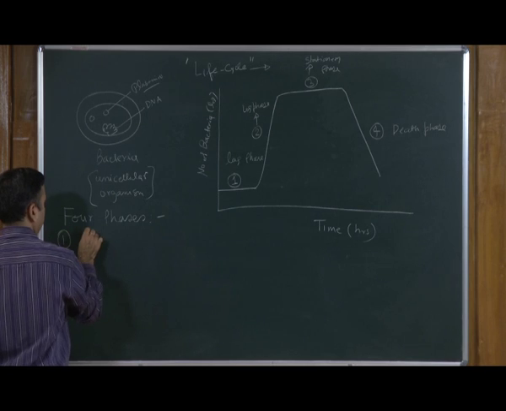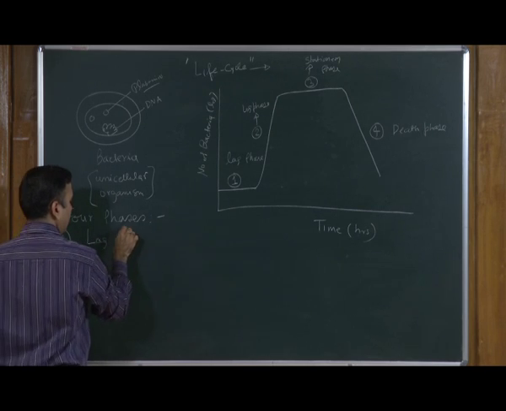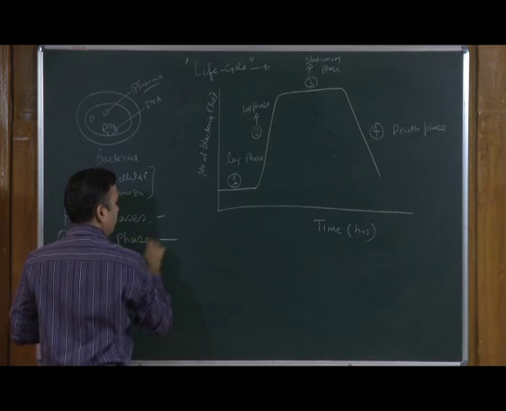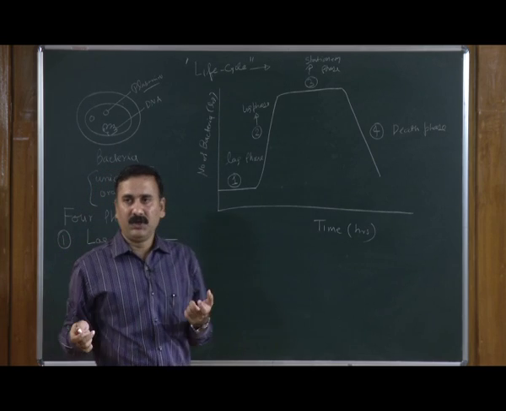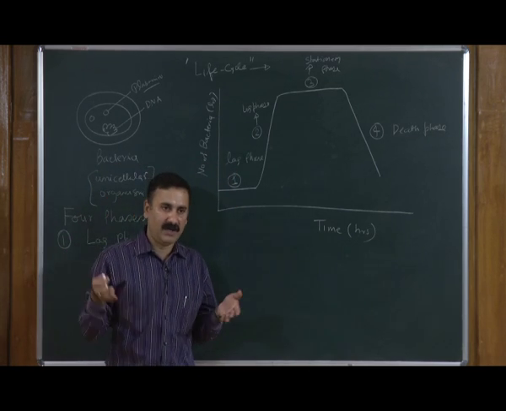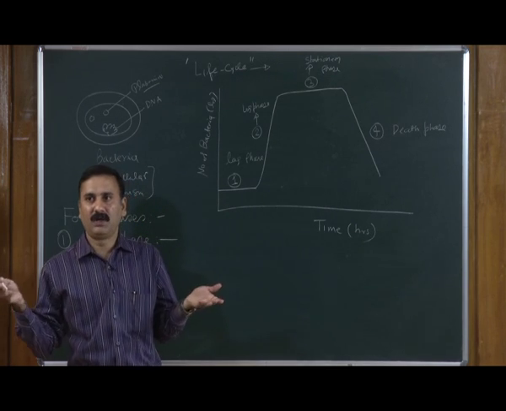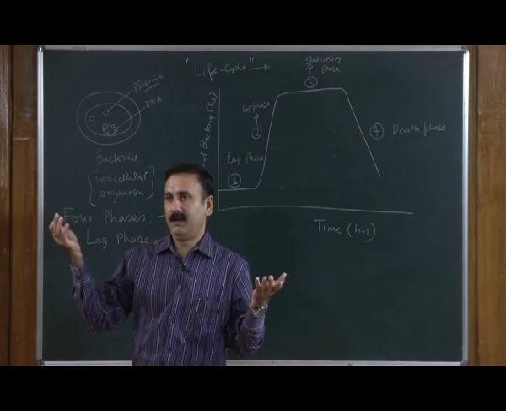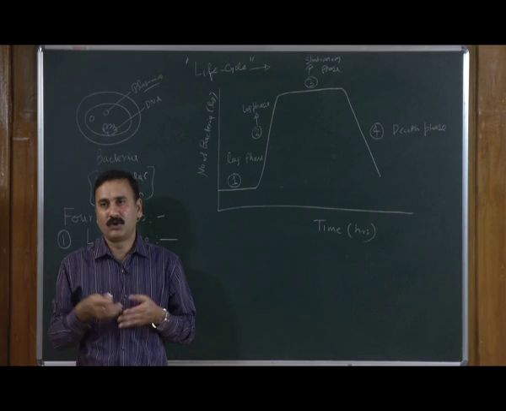Number 1 is called the lag phase. You know, bacteria grow everywhere, like in ponds, in sewage water, or even in rain droplets.